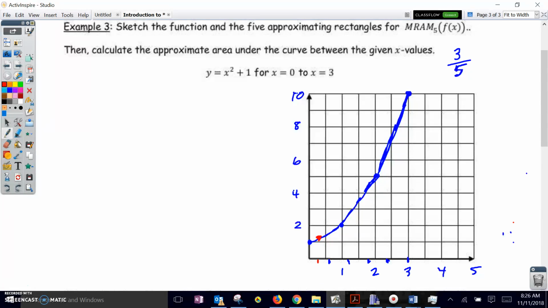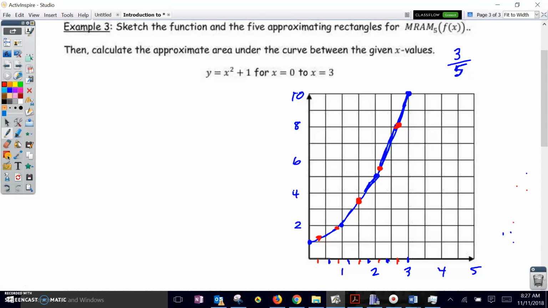So at 0.3, at 0.9, at 1.5, at 2.1, right about here, and at 2.7 about here.